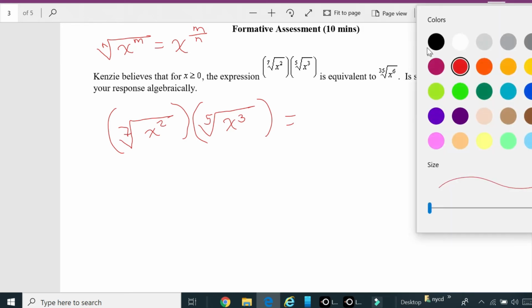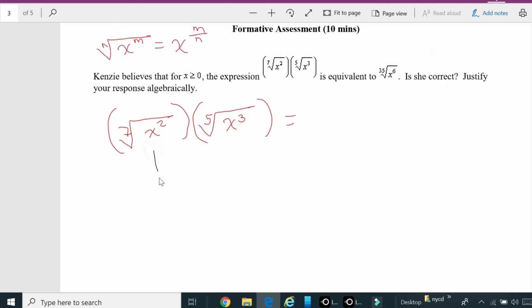So it's going to be x, that's my base, and the number on the outside will go to the bottom. That's my n. And the number on the inside, which is 2, will go to the top. Now multiply that by x, and my n is the outside number here, which is 5, and the number on the inside will go to the top.